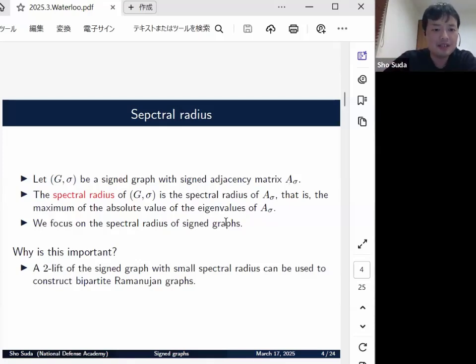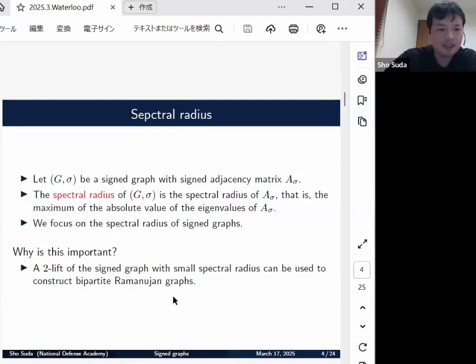This is just the spectral radius of the corresponding signed adjacency matrix, that is, the maximum of the absolute values of the eigenvalues of A sigma. As I said, we would like to focus on the spectral radius of signed graphs.